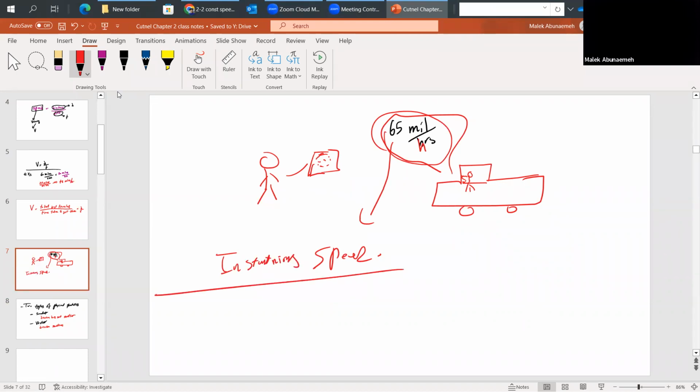Now, your velocity matters whether it goes this way or whether you decelerate and go the other way. So the direction matters. Notice that I put an arrow on the velocity.